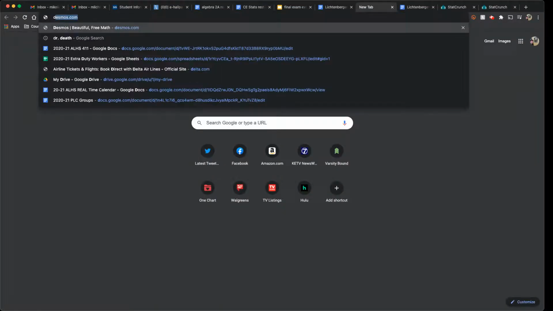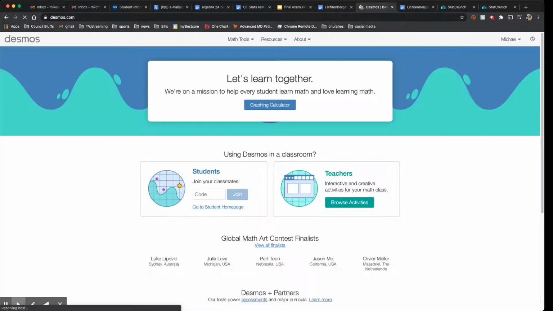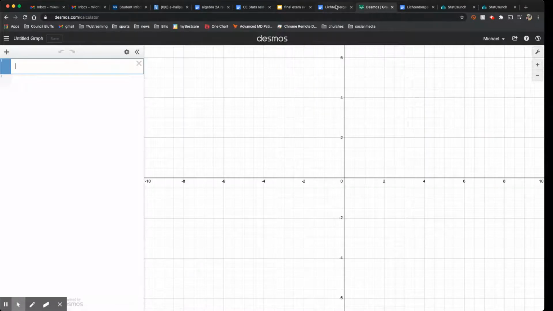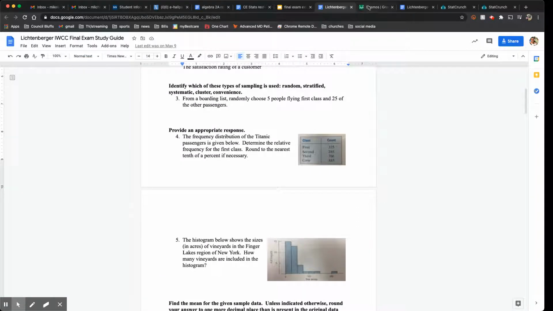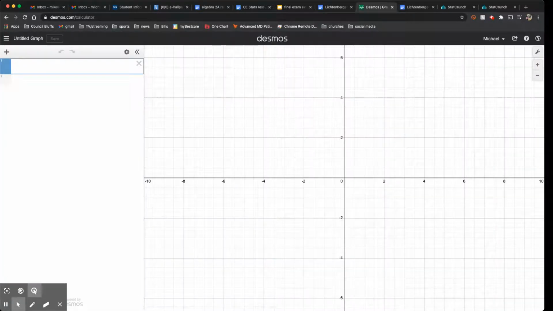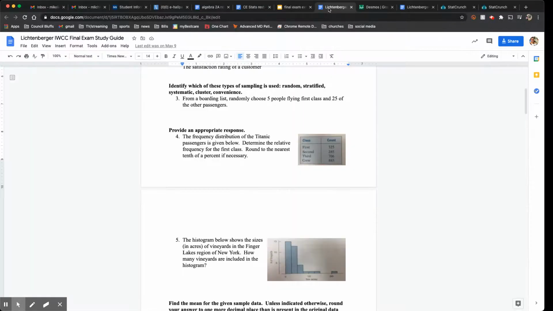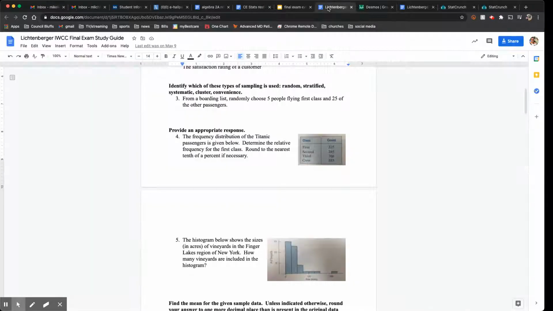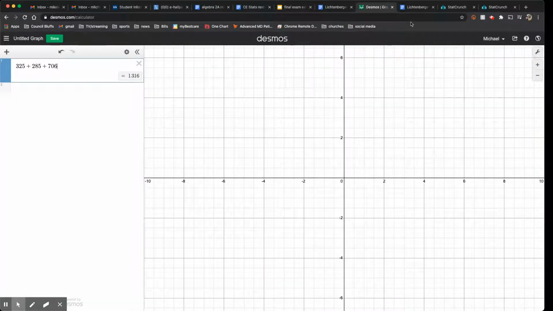And the first thing I'm going to do is find the total, since there's no total given. So we have 325 plus 285 plus 706 plus 885. So that's the total.